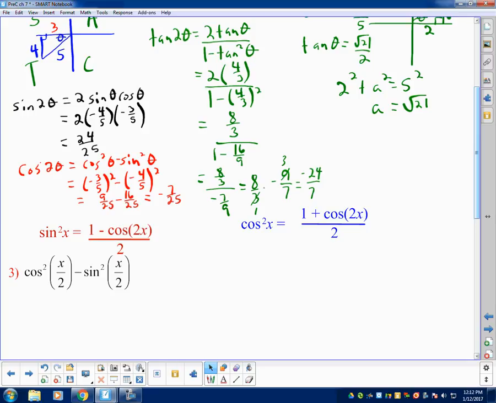All right. So we're going to use the power reducing formula to simplify cosine squared of x over 2 minus sine squared of x over 2. See how this works. I'm going to use both of them. So cosine squared of x over 2 is this one in blue here.